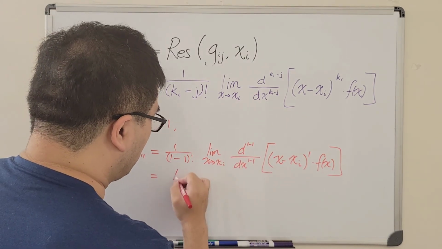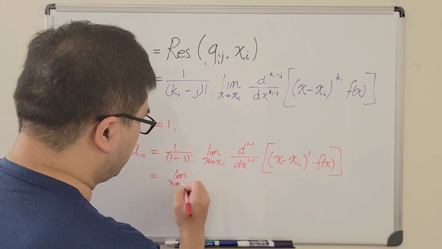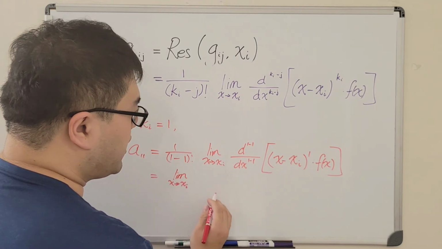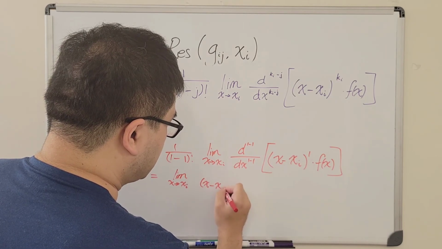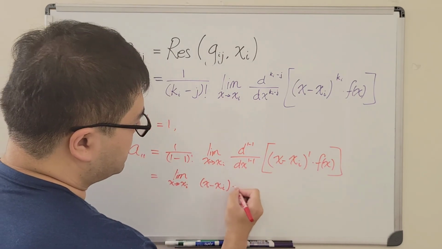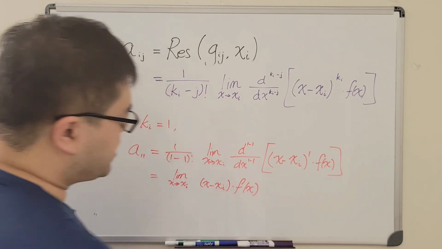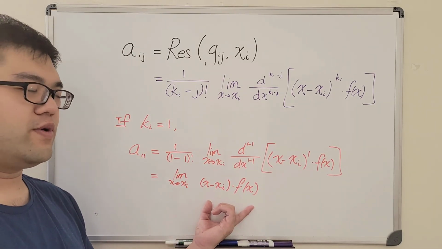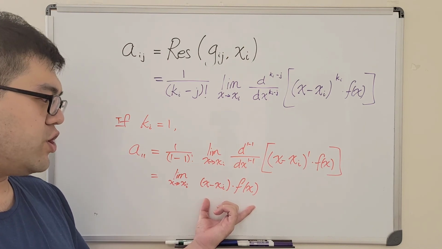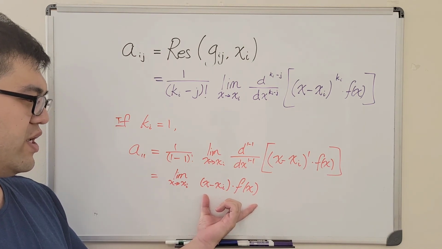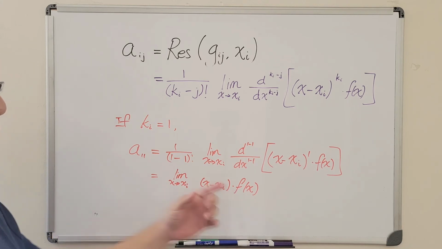So we just end up with the limit as x approaches x_i of x minus x_i to the first power times f of x, which is the same as what we found in the last video, when we used the covering method.